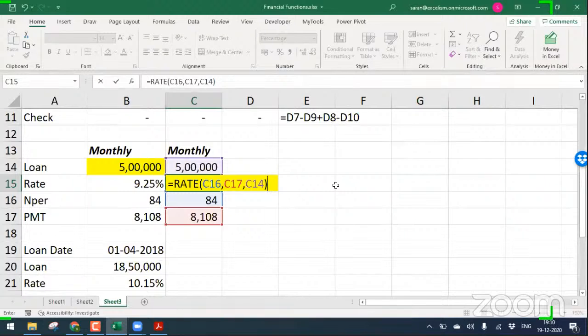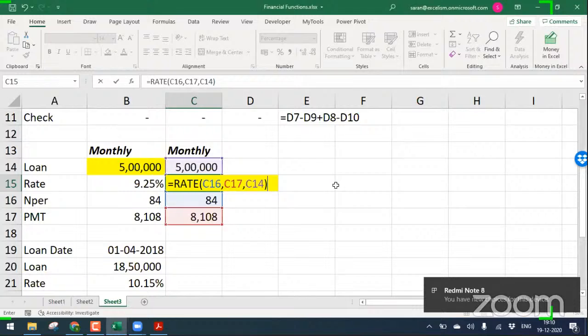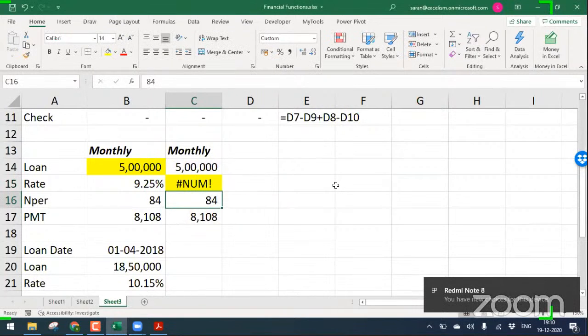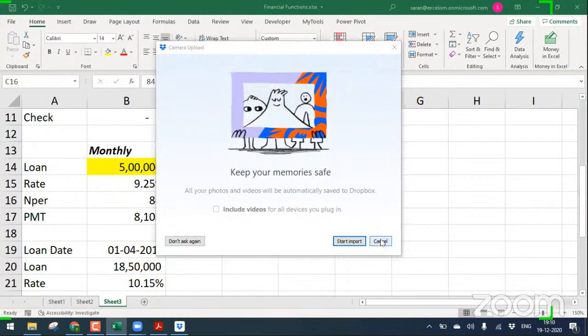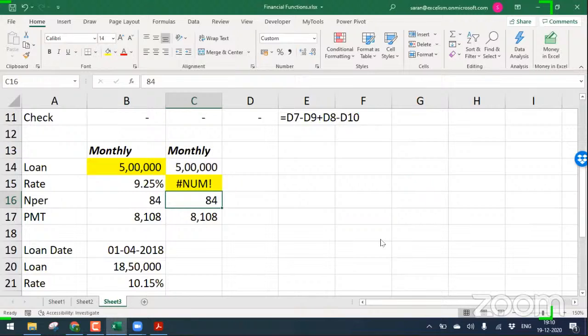Okay, 9.25% divided by 12. Can anyone guess why it's a numerator? Anyone out of the class?